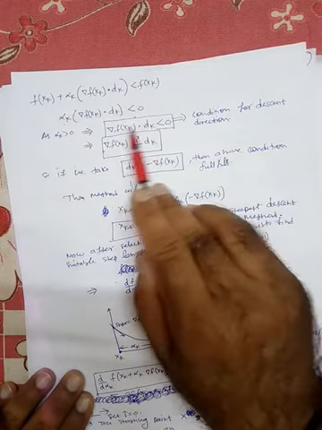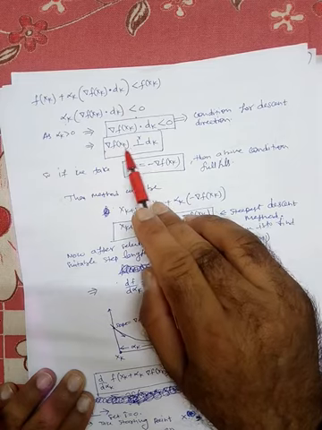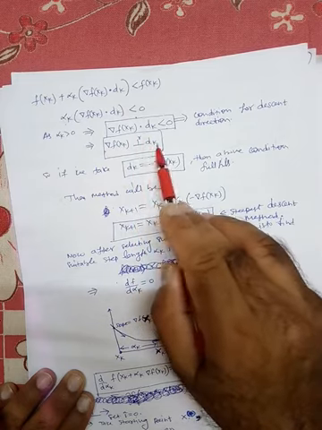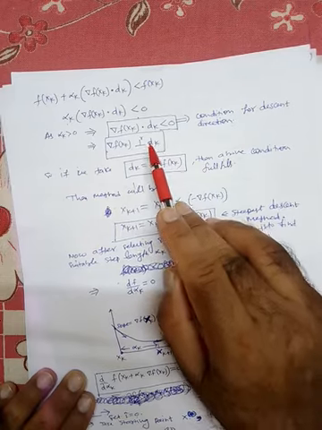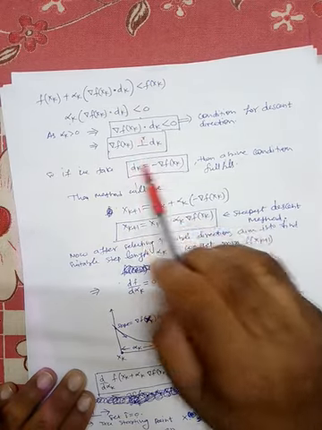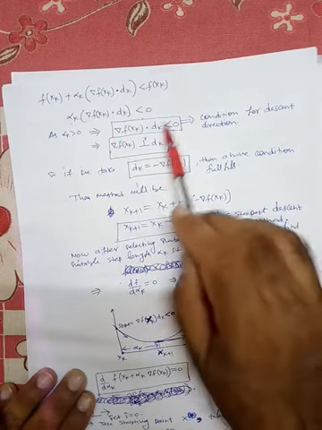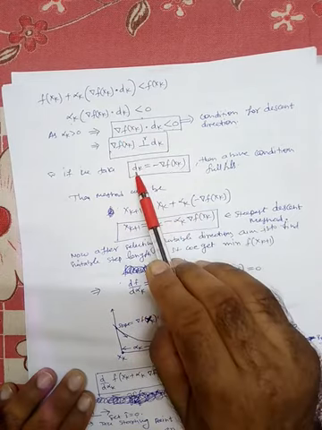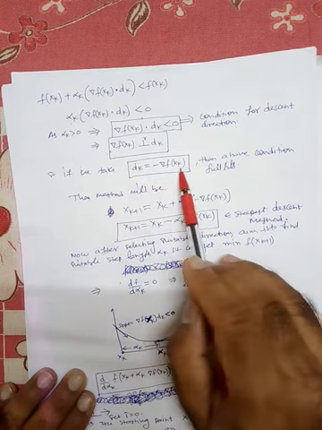Now since that dot product is less than 0, the gradient of f of xk and dk are related through a negative dot product. Hence we can say that dk should be minus gradient of fk.